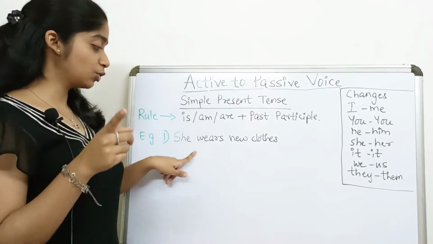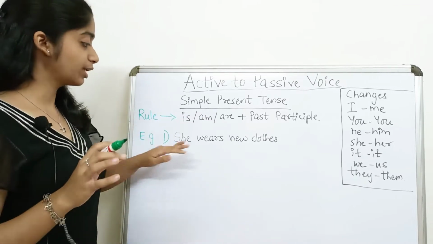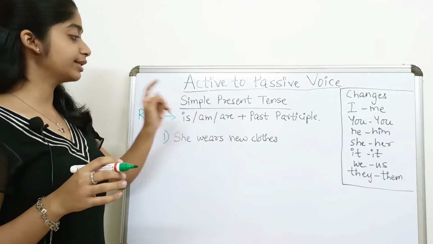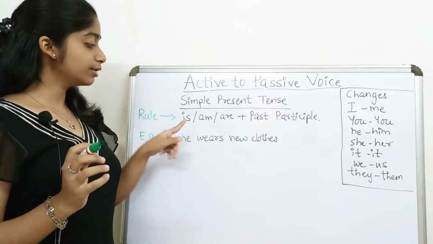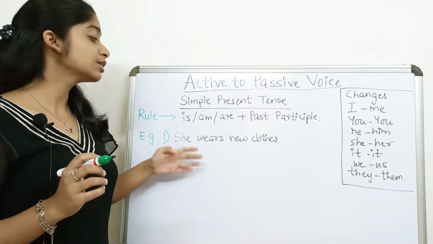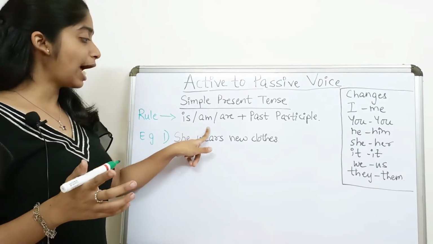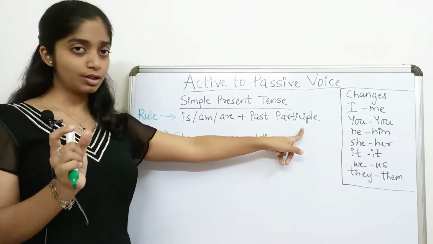Let us now look at this example. She wears new clothes. Okay, simple sentence, simple present tense. Now, what the rule says is, in the passive sentence, we have to use is, am or are along with the past participle of the verb.